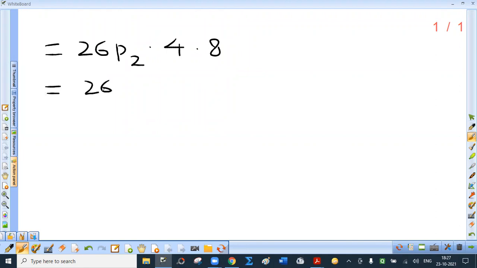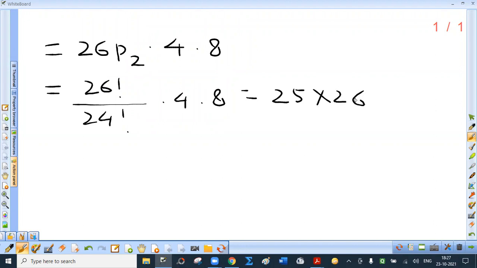Now 26p2 is 26 factorial upon 24 factorial, into 4 into 8. So 25 into 26 into 4 into 8.